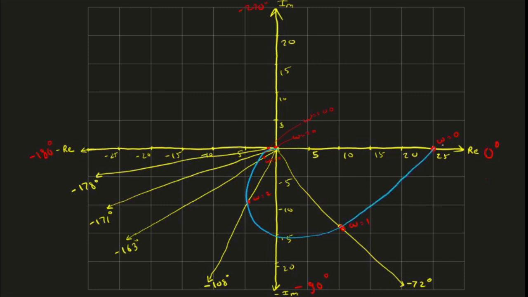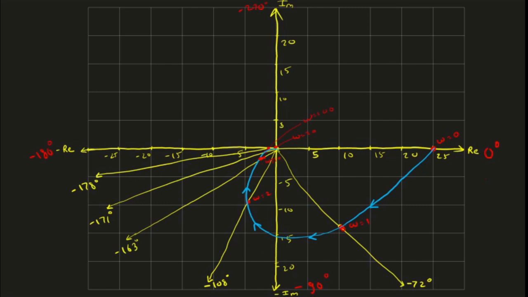So omega is varying from 0, and the Nyquist plot will go in this direction. This, let's say, is at omega equal to 10. Okay, the first part is done.